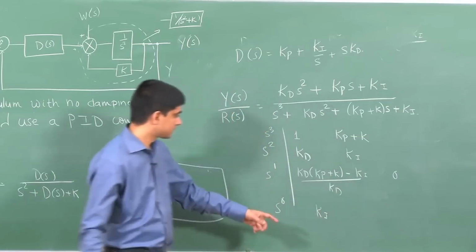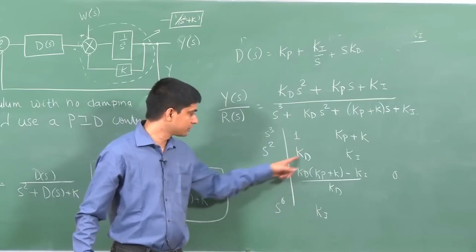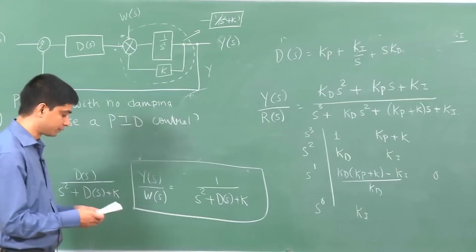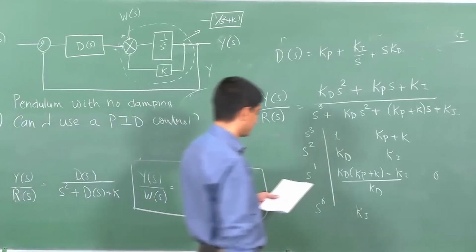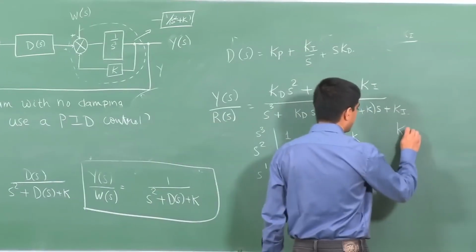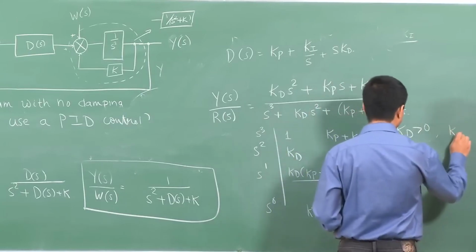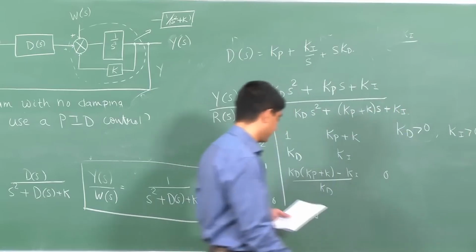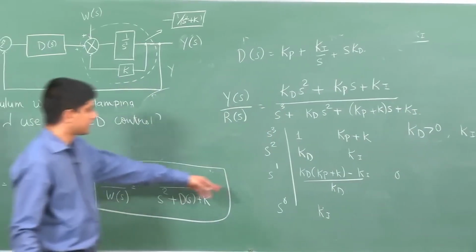Okay. Now, this is positive, this is positive, this is positive, and I can choose my Kp and Kd such that this is true. So, this is stable for Kd greater than 0 and Ki greater than 0, and of course, Kp is always greater than 0. So, this is very straightforward to find out.